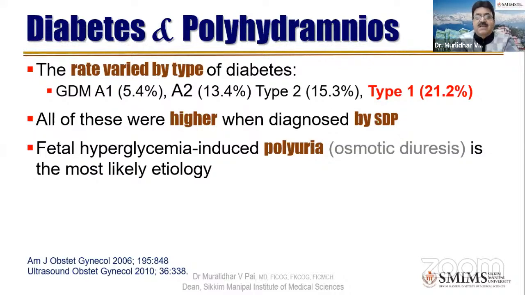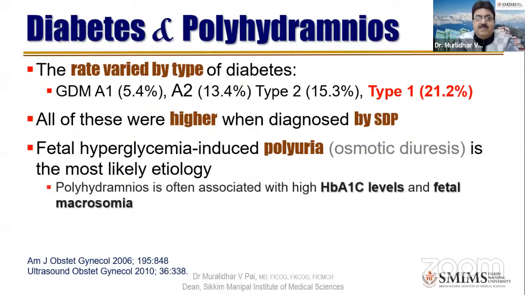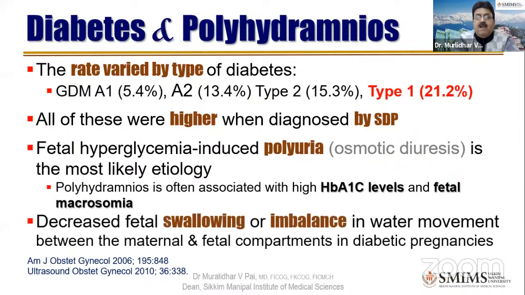That's the reason why there will be polyhydramnios. Polyhydramnios is often associated with high HbA1c levels and fetal macrosomia. Decreased fetal swallowing or imbalance in water movement between the maternal and fetal compartments in diabetic pregnancy is an additional reason for polyhydramnios in diabetes.